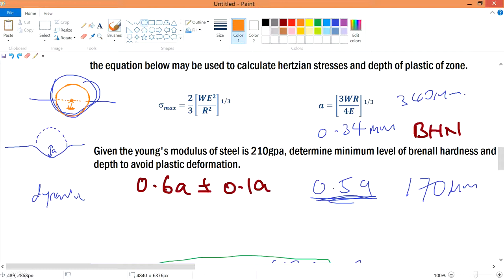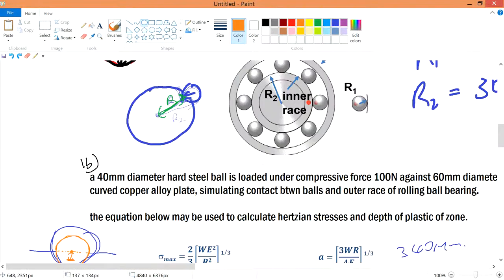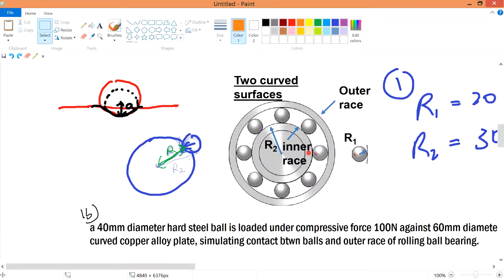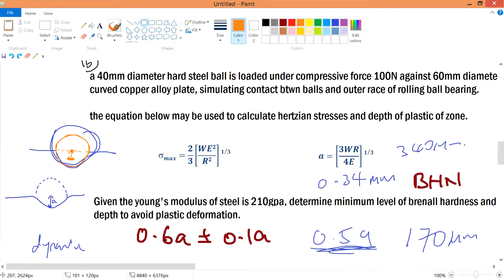So if the second time, because this is a ball bearing type of thing, your ball is over here, then you rotate. So over at the surface over here, is rotating. So the next time when you hit this part, at 0.5a, it will start to deform.